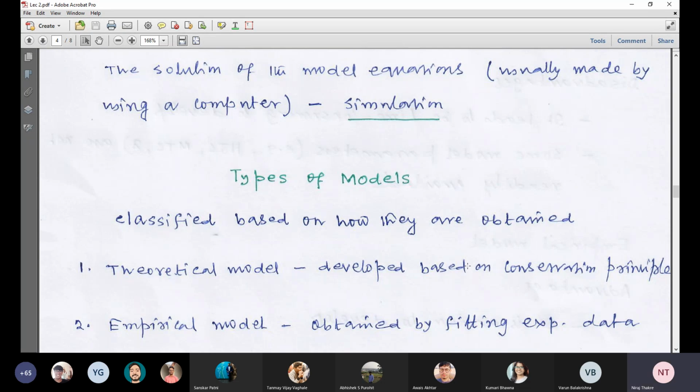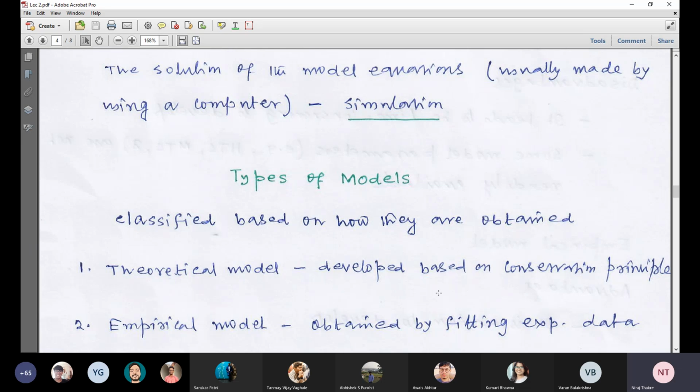Yes, correct. Conservation of mass, conservation of energy, conservation of momentum. Those are conservation principles. So if you apply the conservation principle and get the modeling equation, then the resulting model is called theoretical model. Fine.